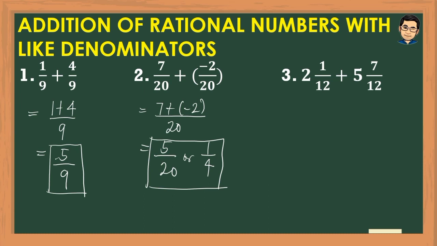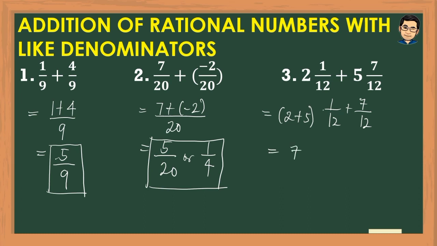Next, 2 and 1 over 12 plus 5 and 7 over 12. What we will do here is set aside the whole numbers first. So, we can add them, 2 plus 5. And then the fractions, 1 over 12 plus 7 over 12, we add. Okay. So 2 plus 5, that is 7.